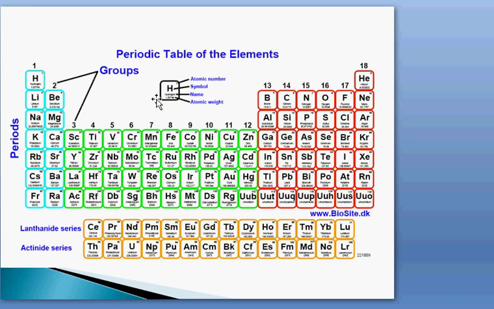For example, you can see here the element is written, the symbol is written, the name of the element, and here is its atomic weight, that is the atomic mass, written beneath every element. That is the gram atomic mass.